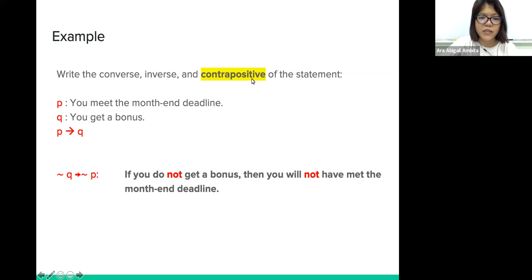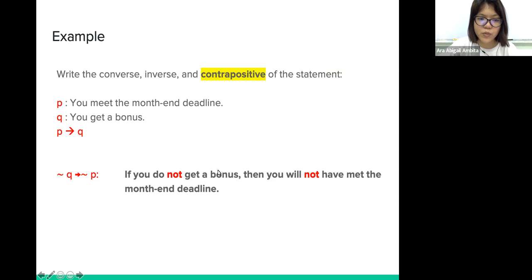What about the contrapositive? The contrapositive again is taken from first getting the inverse of P and Q, which is not P implies not Q, and swapping the roles of not P and not Q. So the contrapositive is not Q implies not P. The not Q is equivalent to you don't get a bonus, and not P is equivalent to you don't meet the deadline.